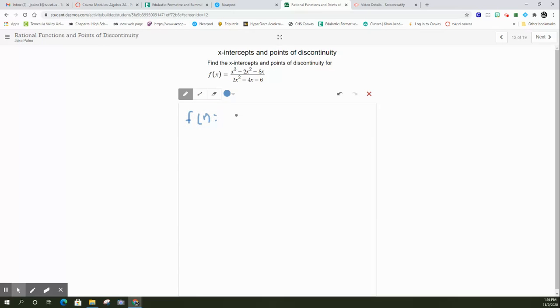All right, so I get f of x equals, on top I have to take out that x. And when I do that, I can also factor the quadratic. So what multiplies up to -8 and adds up to -2? That's going to be x minus 4 and x plus 2.